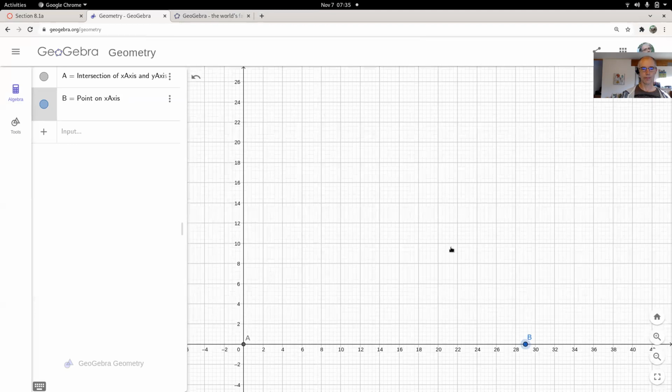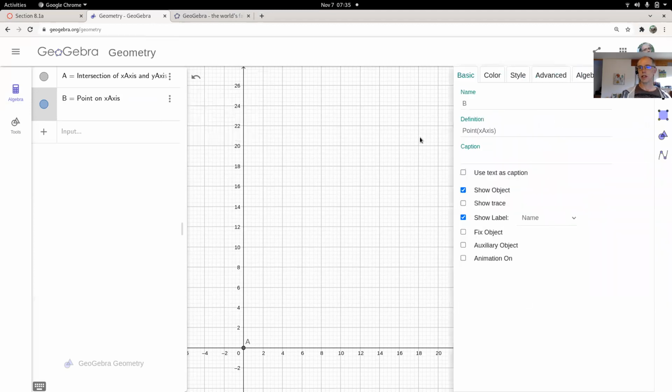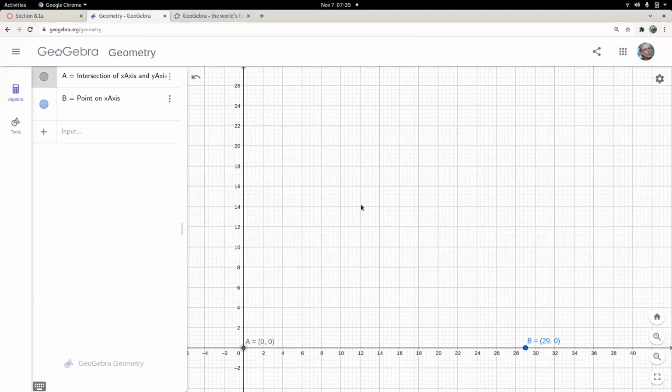Another way you can check is if you select the 3-dot button on any object, you can go to its settings, and you can ask it to show, instead of the name, the name and the value, which is kind of nice. And then I could switch to object A here and say, hey, give me the name and the value. So that can be helpful. Let's get my picture out of the way. All right, we can close that.